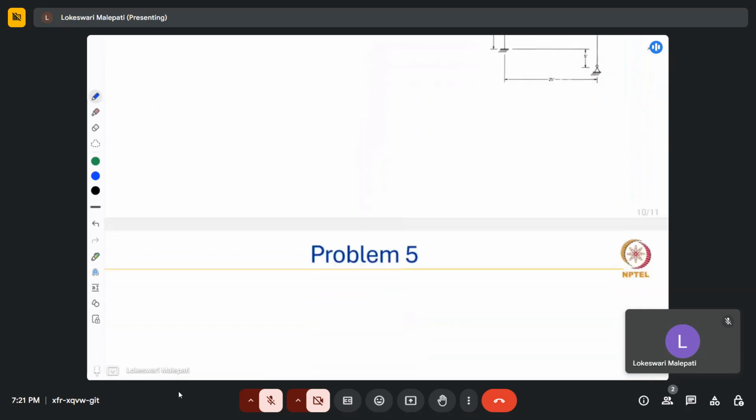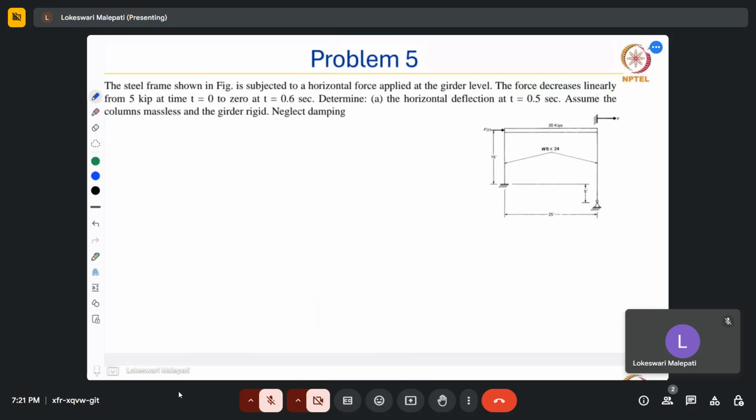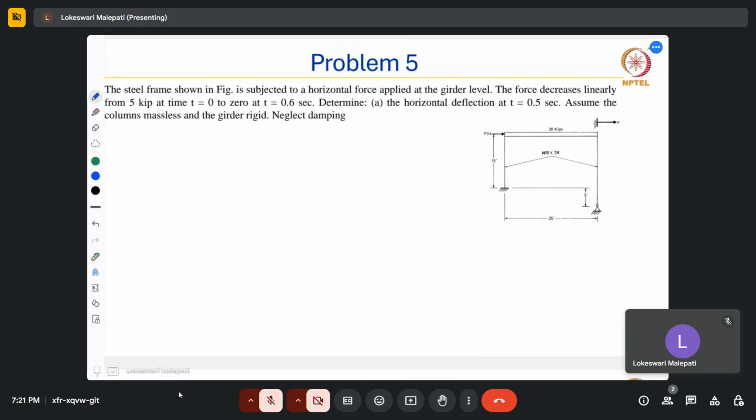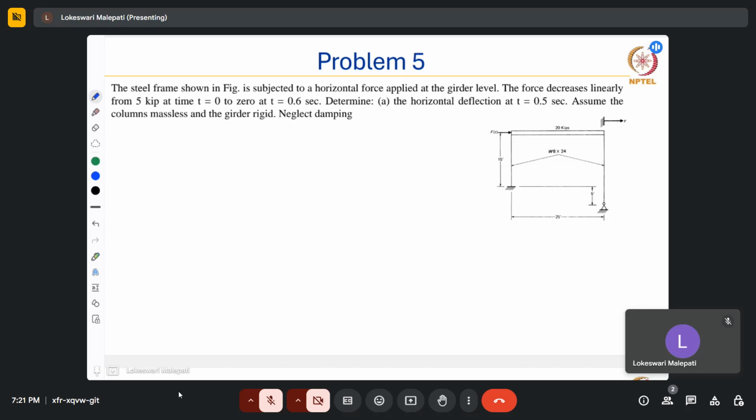Moving to the last problem of this session. Again we have a steel frame shown in the figure, subjected to a horizontal force applied at the girder level. The force decreases linearly from 5 kips at time t equal to 0 to 0 at time t equal to 0.6 seconds.